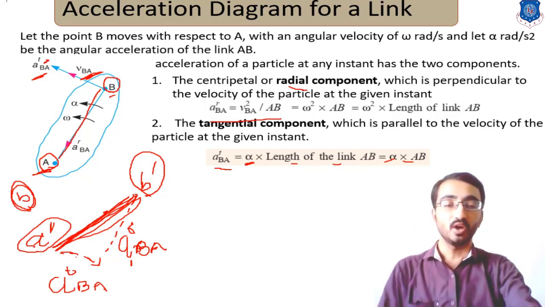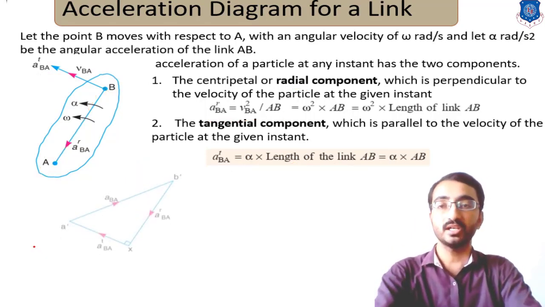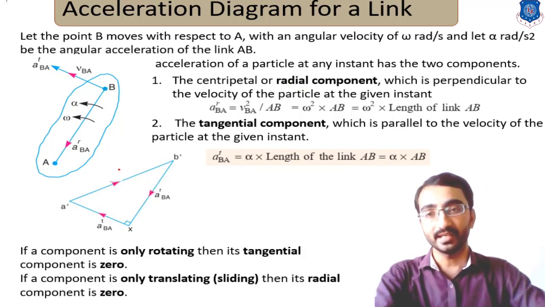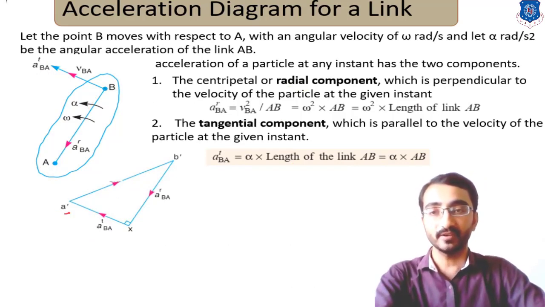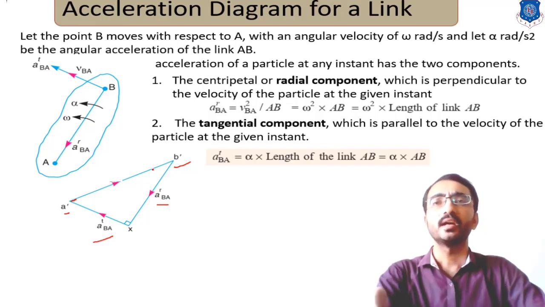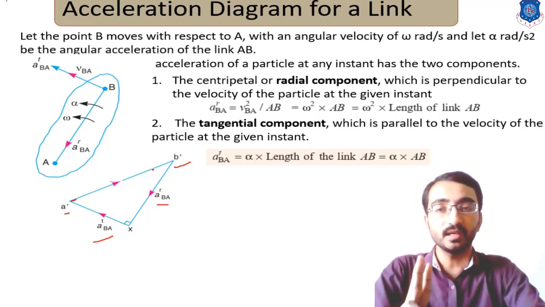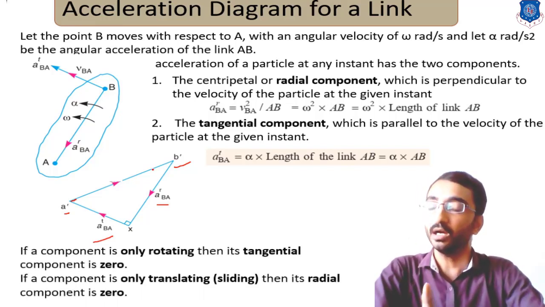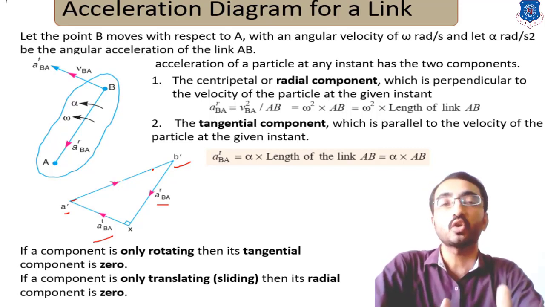So in this way we can sketch the acceleration component of any link. As we can refer, a dash and b dash, the radial and tangential components, the combination of these two will give us the final acceleration component. Now, there are two fundamental pieces of information that we should remember to solve numericals.